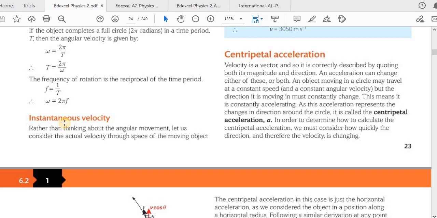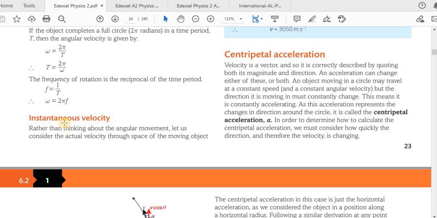Now for example, let's say you are traveling in a car and you look at the speedometer. So at that moment the reading on the speedometer is the instantaneous speed, because it is showing you the speed at that instant. So speed with a direction, that is velocity; magnitude of velocity, speed.